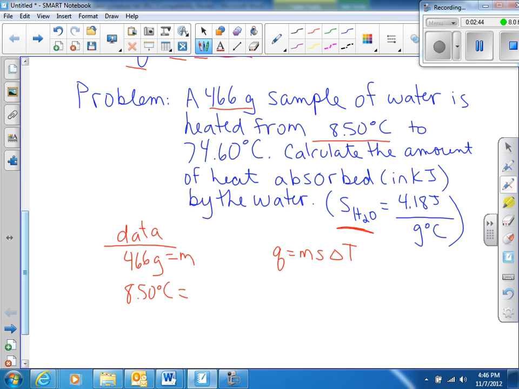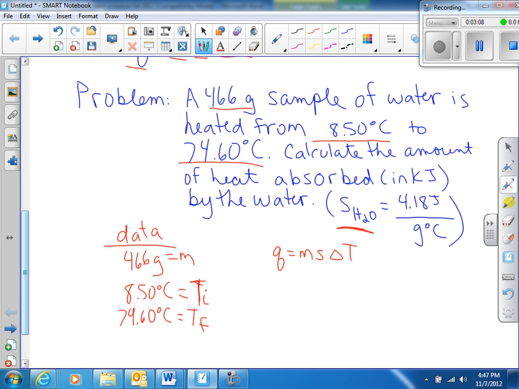Is it our initial or final? It's going from 8.5 to 74.6. So we're starting at 8.5. Hopefully you realize that. That is our T initial. Then we also have 74.60 degrees Celsius. And that's the temperature we end at. That would be our T final.